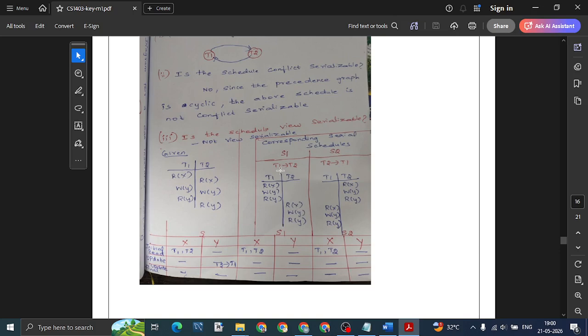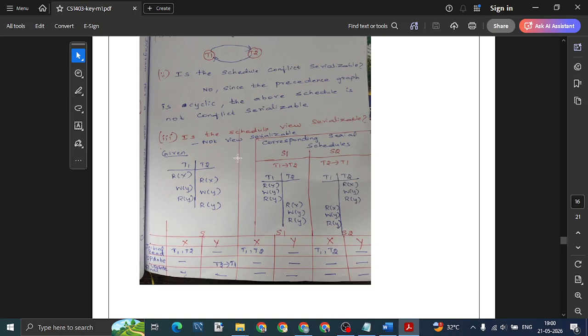Okay, and this S1 is corresponding to T1. When it completes, it is going to start T2. Then S2: when T2 completes, it starts T1.